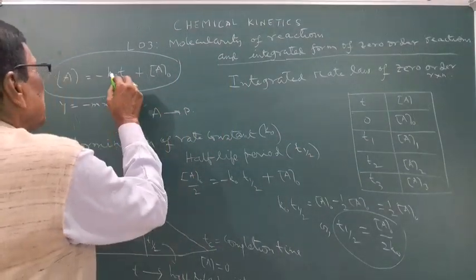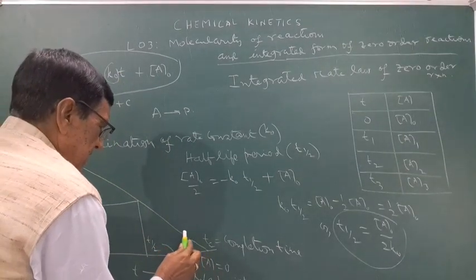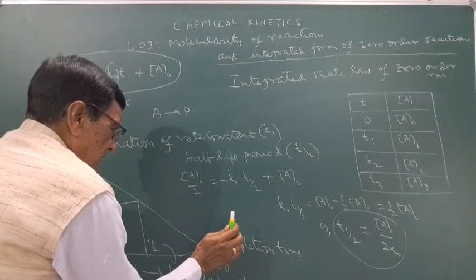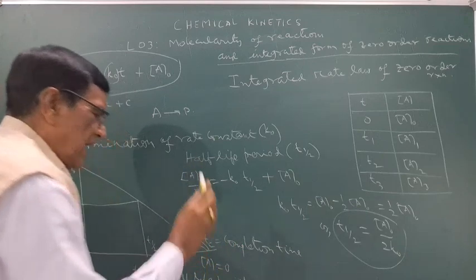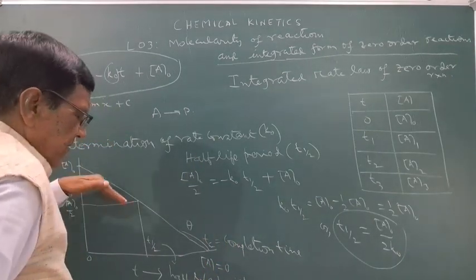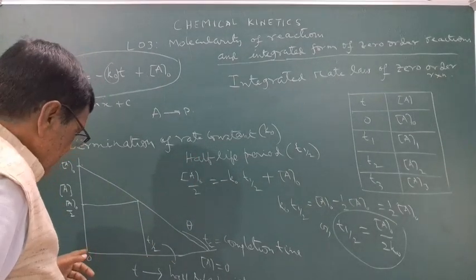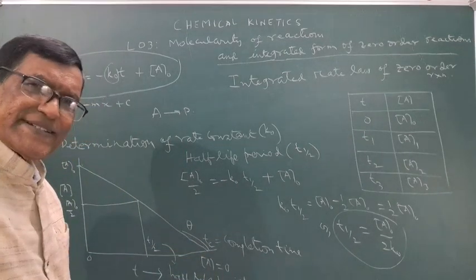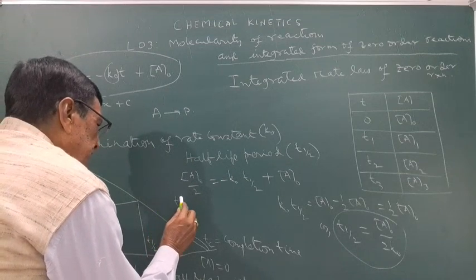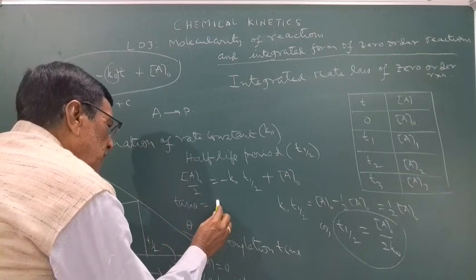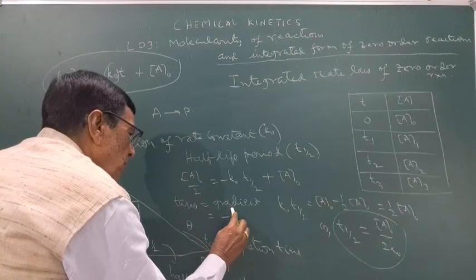Here K naught equals M. This straight line makes an angle, suppose theta, with the x-axis, and so tan theta equals the gradient, equal to minus K naught.